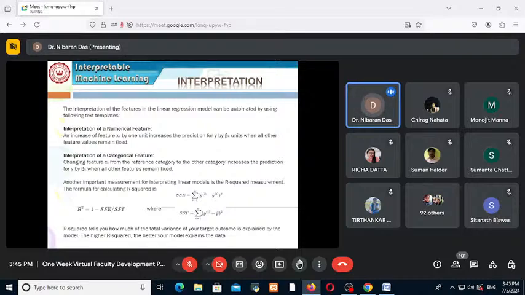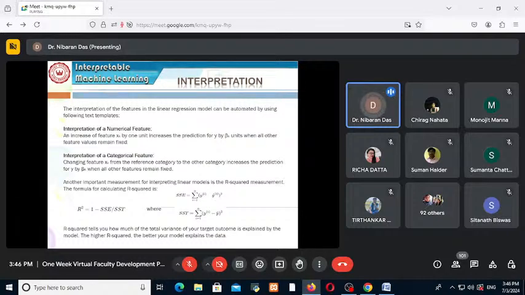Now, interpretation. This is a very important thing we are going to discuss now. The interpretation of a feature in the linear regression model can be automated by using the following text templates. For a numerical feature, an increase of feature x k by 1 unit increases the prediction y by beta k units when all other feature values remain fixed. This is very important.